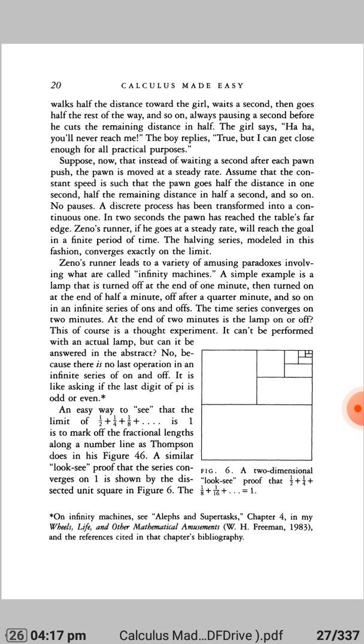A two-dimensional look-see proof that 1/2 plus 1/4 plus 1/8 plus 1/16 and so on equals 1. On infinity machines, see Aleph and Super Task, Chapter 4 in My Real Life and Other Mathematical Amusements, W.H. Freeman, 1983, and the references cited in that chapter's bibliography.